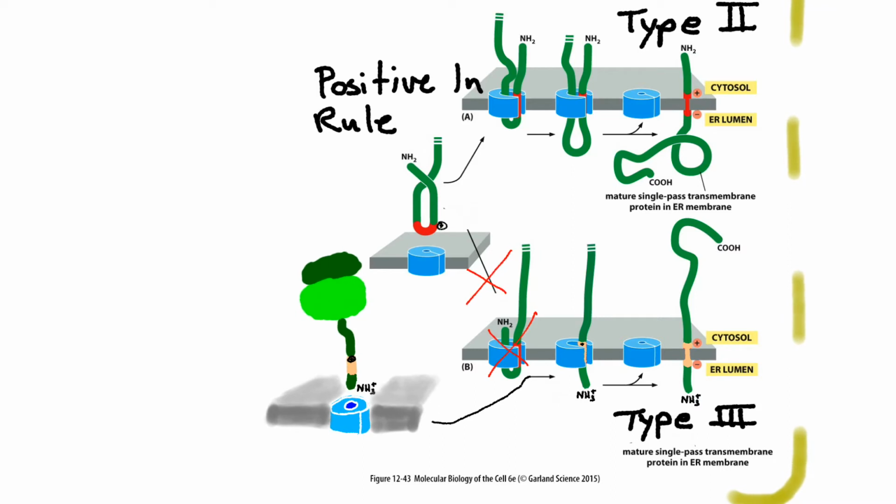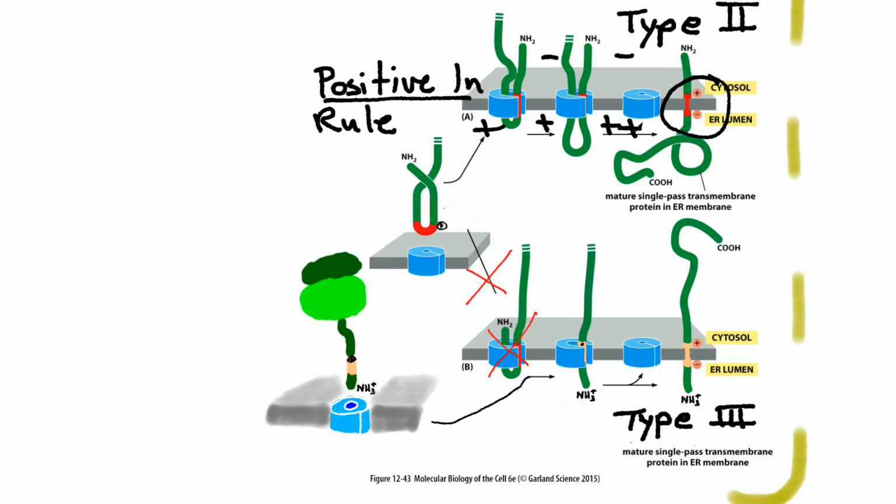So if it's somewhere on this cell, then what it's going to do is end up creating a charge imbalance that puts positive charges here. So what those positive charges do is stabilize this particular arrangement. So they make it a more stable environment to have the so-called positive N rule.